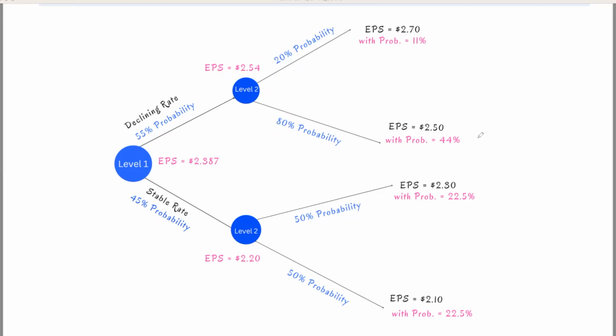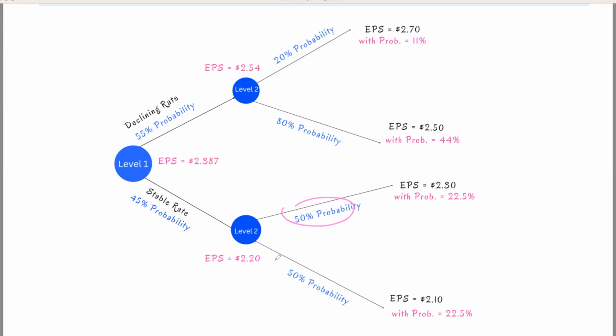Similarly, under the stable interest rate scenario, we have a 50% chance of EPS being $2.30 and a 50% chance of it being $2.10. This expands our tree to two levels, with the initial branch representing the interest rate environment and the subsequent branches representing the corresponding EPS outcomes under each scenario.